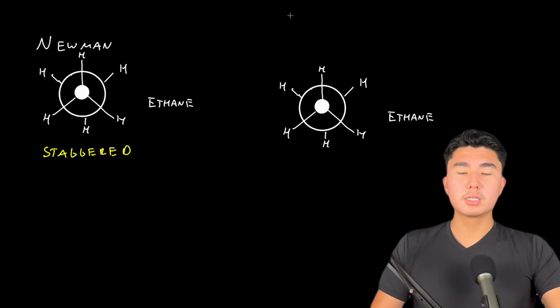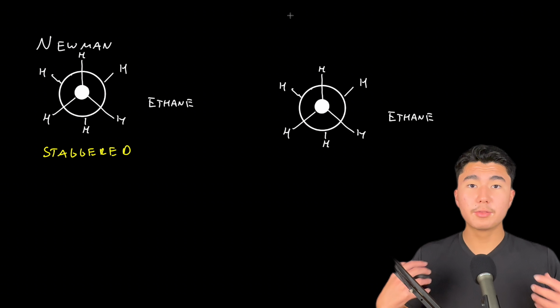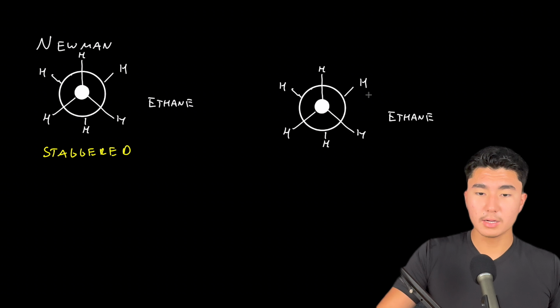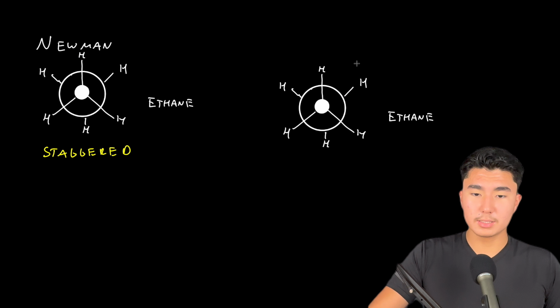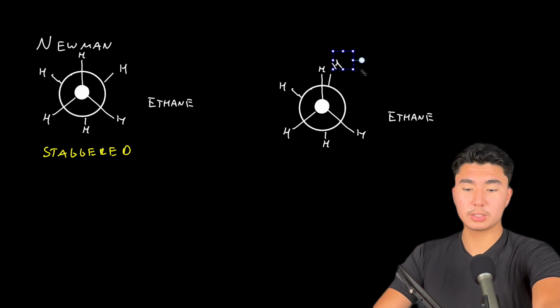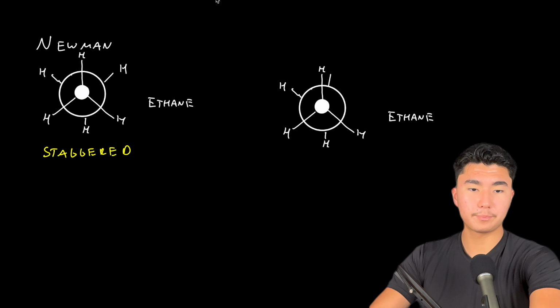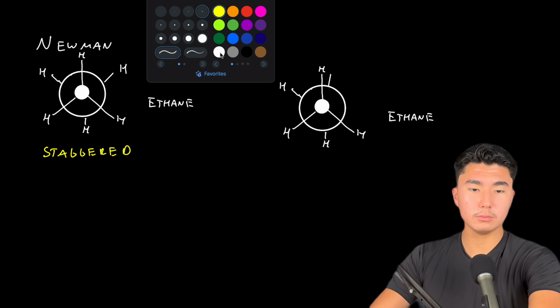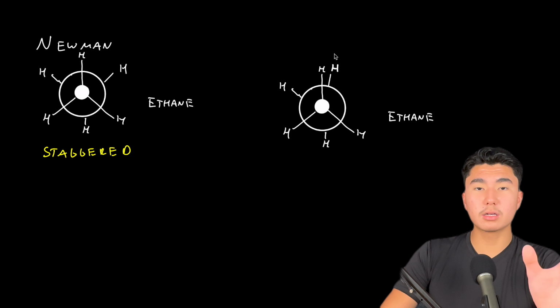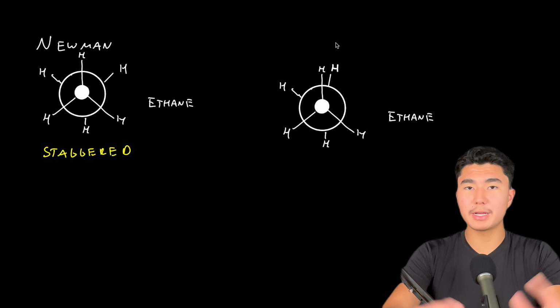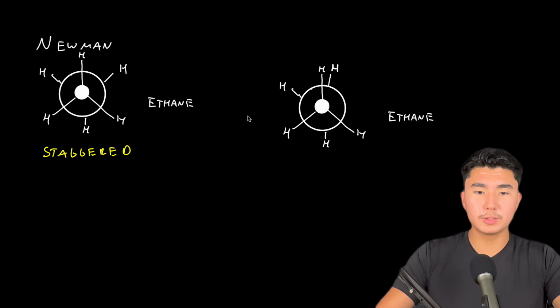If we're looking at eclipse, they're going to be the closest together. So instead of this staggered position where they're farthest apart, this H over here might be somewhere like that close. Actually, let me redo that. We're going to have our H right here, and it's going to be as close to the front carbon H as the back carbon H. So those are going to be really close to each other.